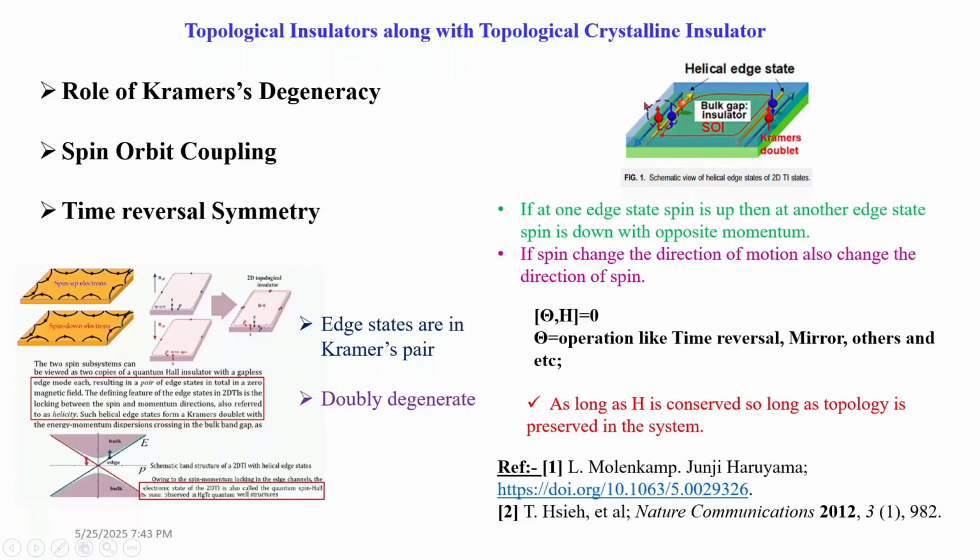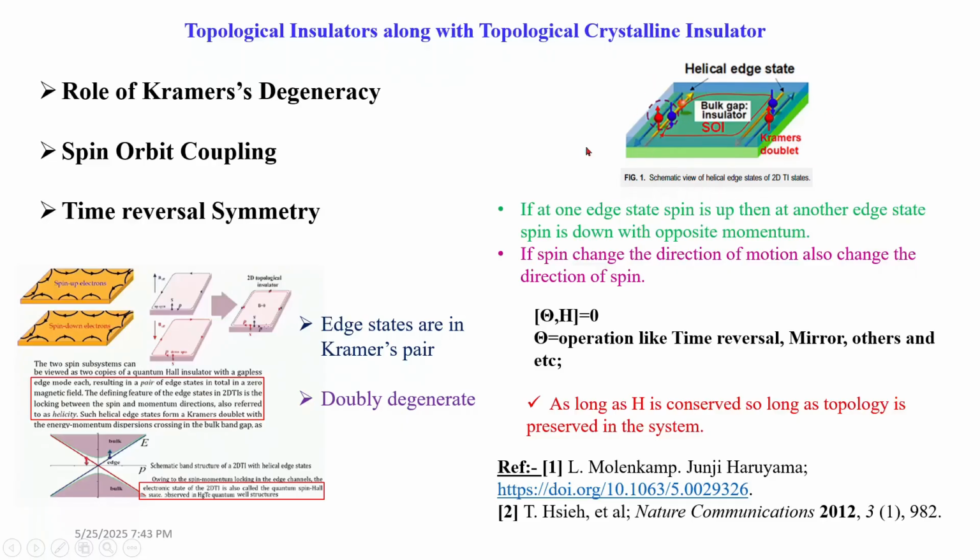As long as this system is preserved, if the spin changes direction, then on the other edge the spin also changes direction and so does the momentum. This states that the time reversal symmetry holds here, and as long as the time reversal symmetry holds in the system, the system is of topological nature.